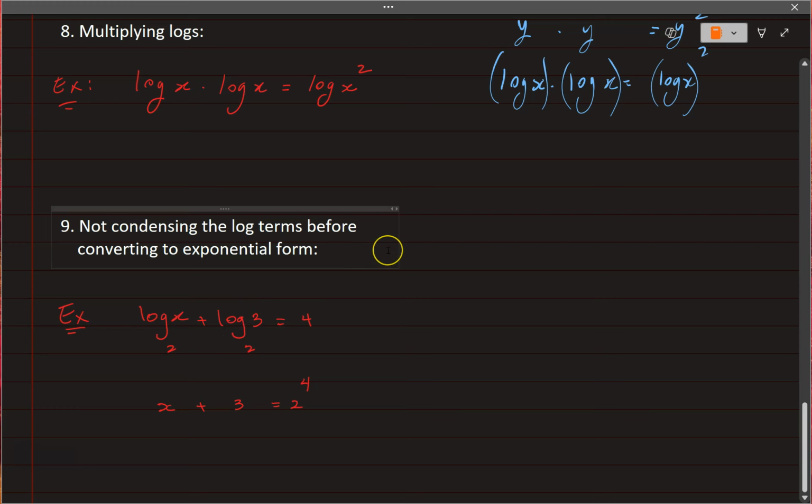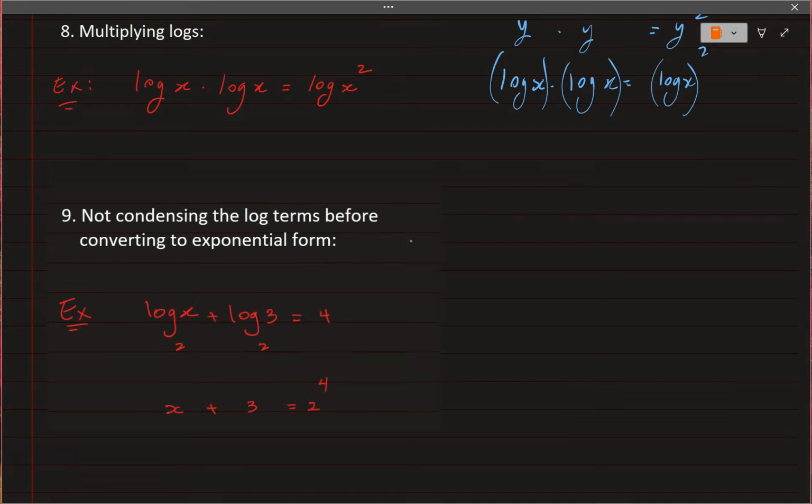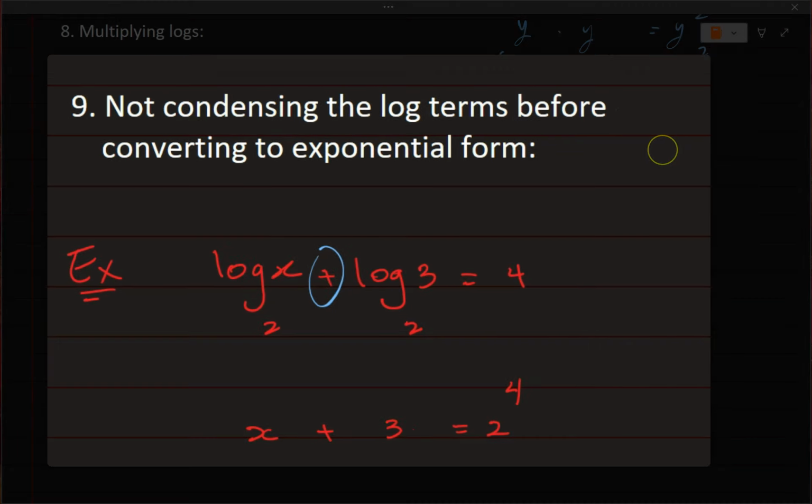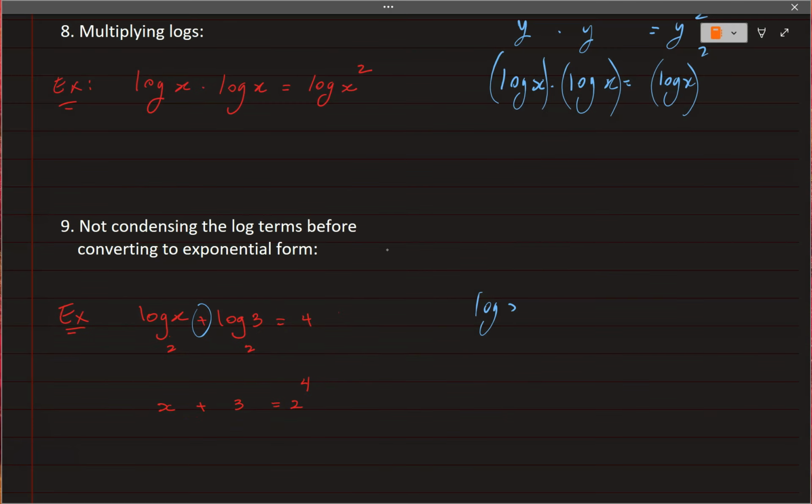This is an illegal operation because you must have both log terms condensed into one. So to do this, you have to use the addition rule. So that becomes log of x times 3 base 2 equals 4. And basically, this is log 3x.